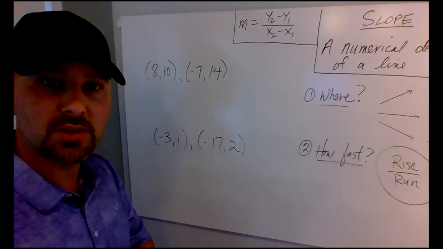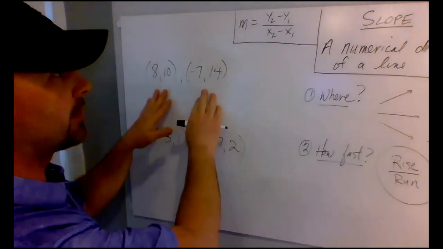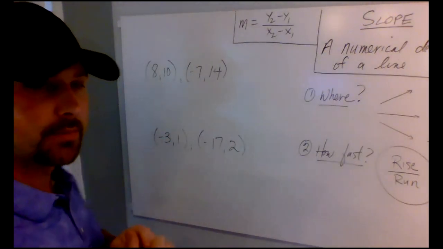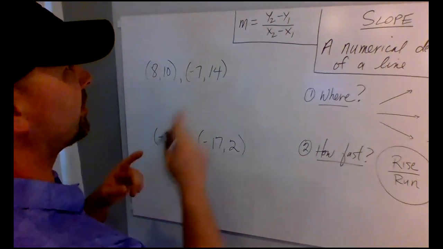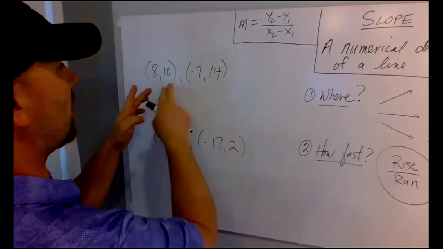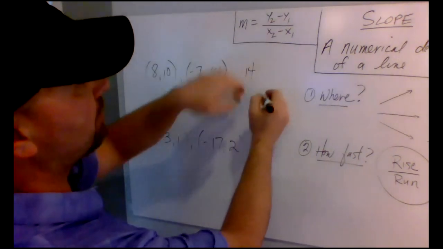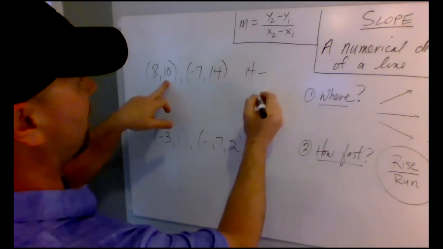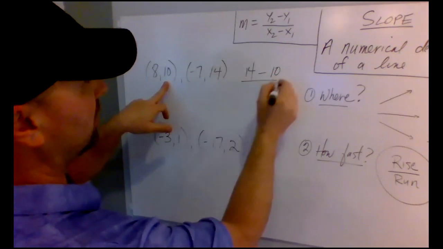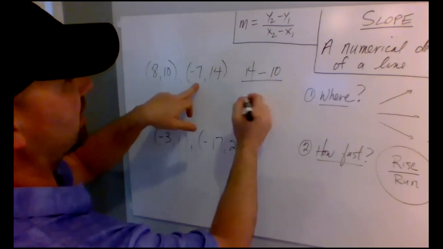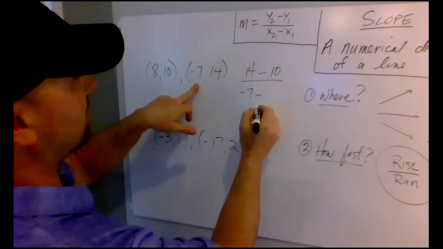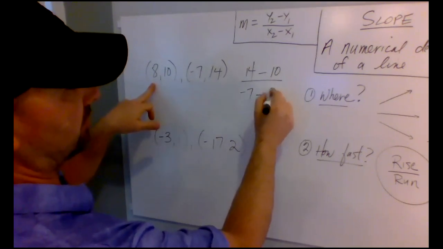And we basically just substitute our numbers into that formula. So y2, the second y, is 14 minus the first y, 10, over the second x minus the first x.